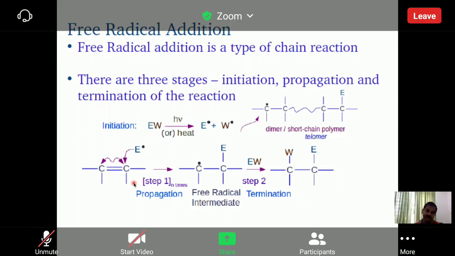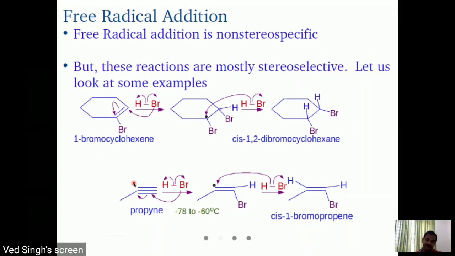All neutral molecules will be delivered. How can we see some reactions? This is non-stereospecific. You should remember which is stereospecific and which is not. These reactions are mostly stereoselective. Let us look at some examples here.